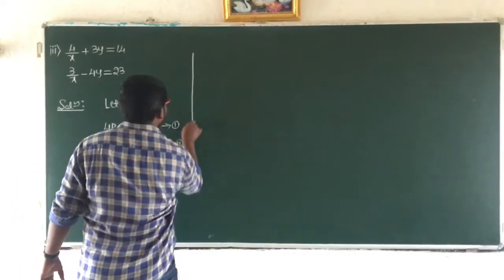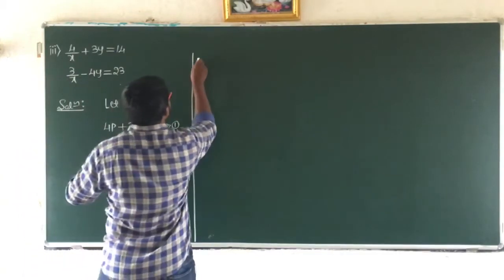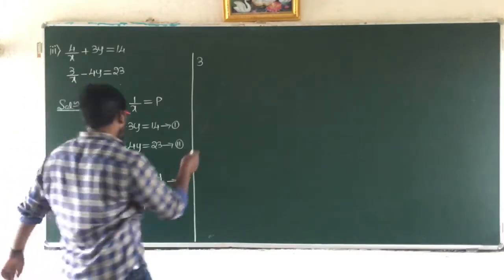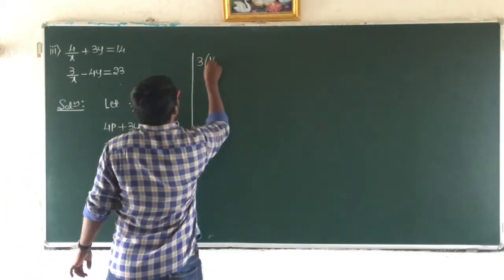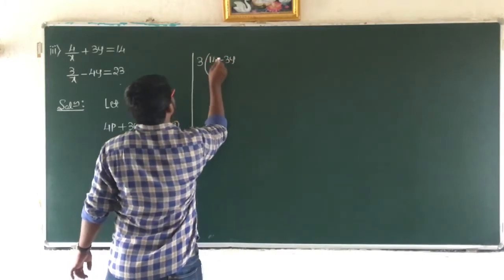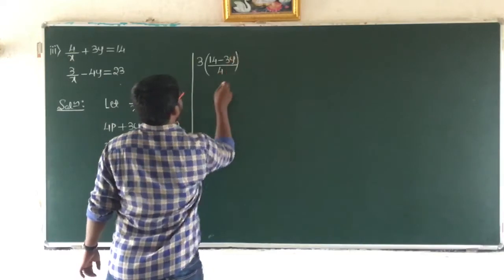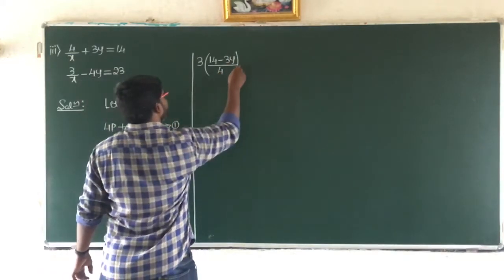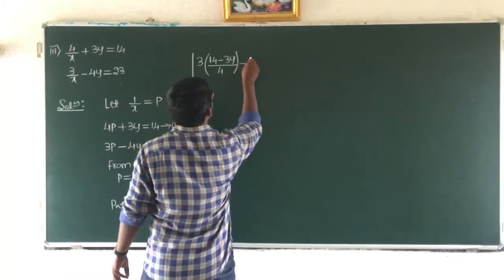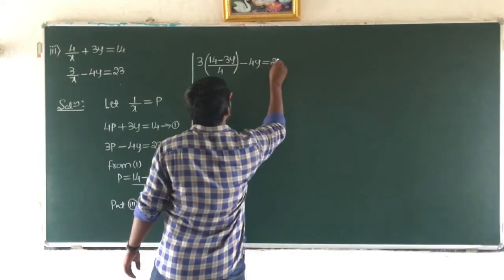So let us simplify this. See here, in place of p, I write 3 as it is. In place of p we have to write this one, 14 minus 3y divided by 4, and then minus 4y which is equal to 23.